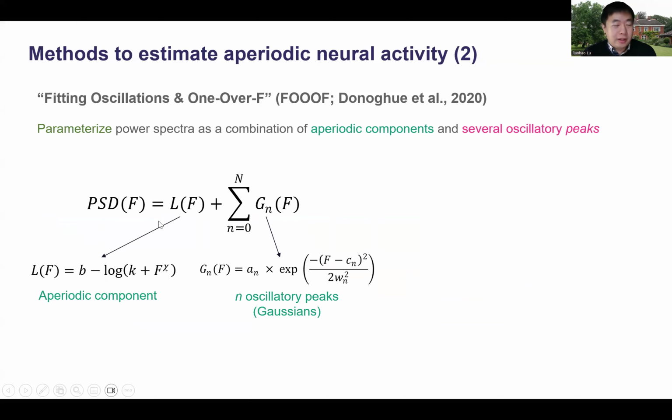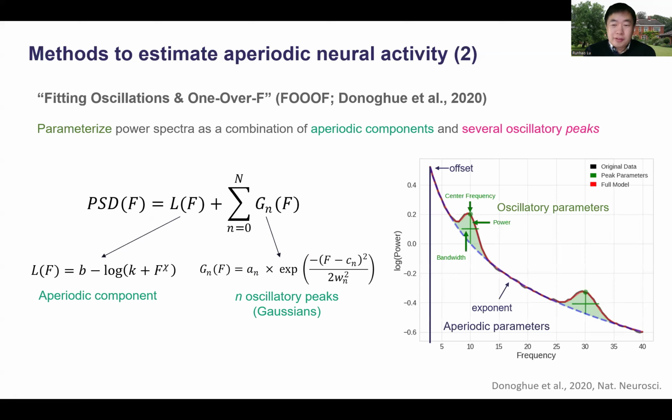You can see that the whole power spectrum is a combination of the aperiodic component and several oscillatory peaks, which they fitted with Gaussians. Basically, they use an initial fit of a straight line for the 1/f and then take it out, and then iteratively fit Gaussians to stand for oscillations. You can set the threshold for that.